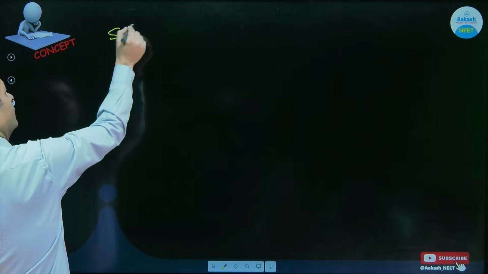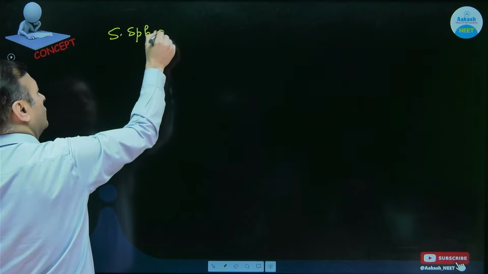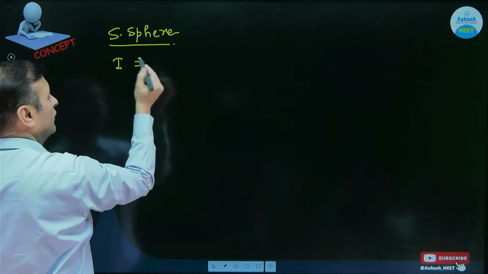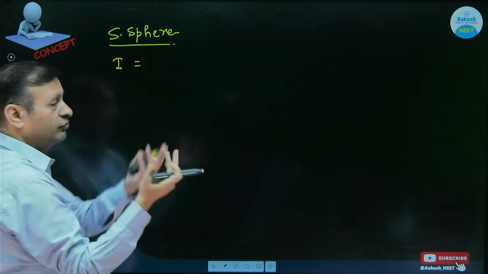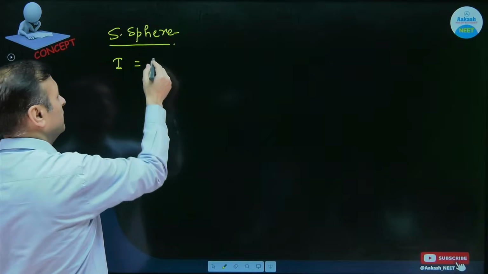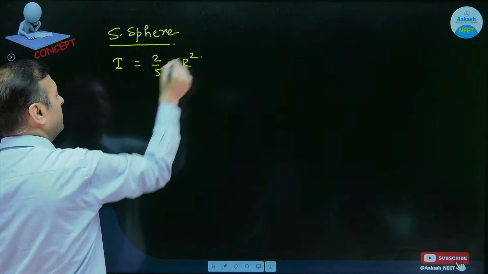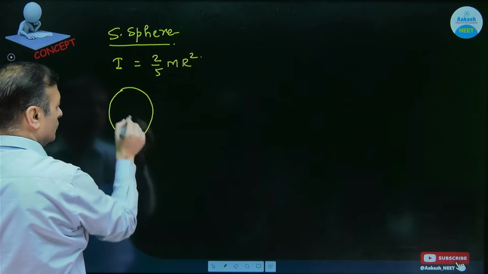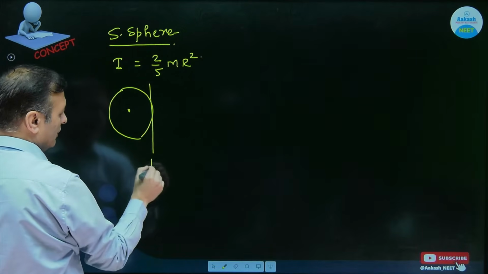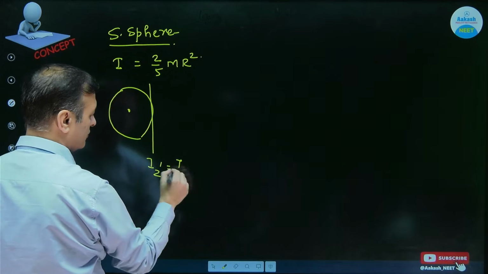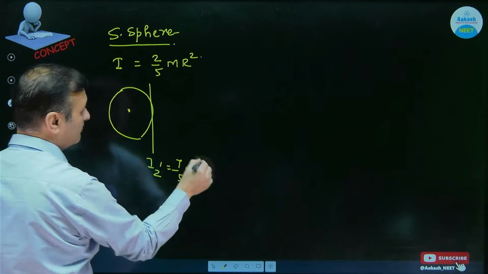For a solid sphere, moment of inertia about one of its diameters, you may have a diameter in any of the planes, is 2 by 5 mr square. Got it? If you have it about this tangent, that becomes 7 by 5 mr square.